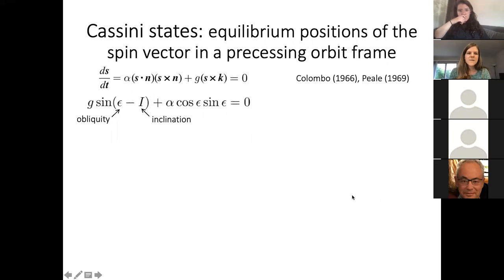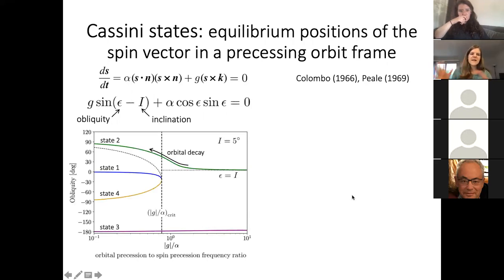And so there are up to 4 different Cassini equilibrium states, depending on the ratio of this orbital precession frequency to the spin precession frequency, G to alpha. And an important point is that only states 1 and 2 are stable in the presence of tides.